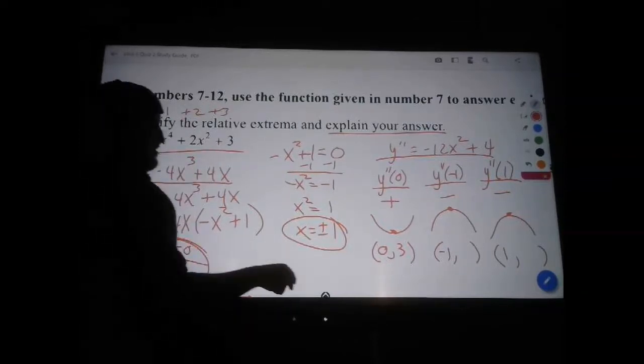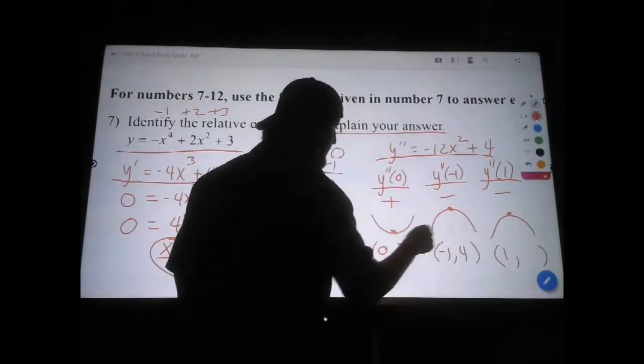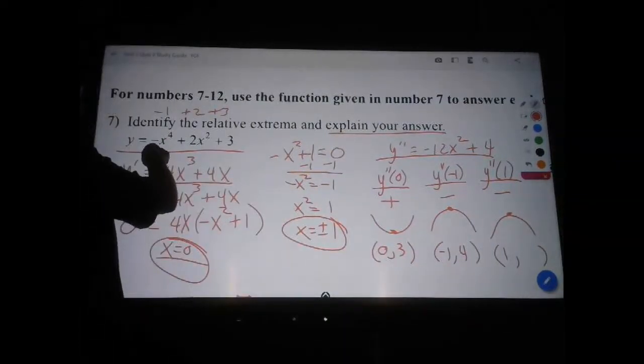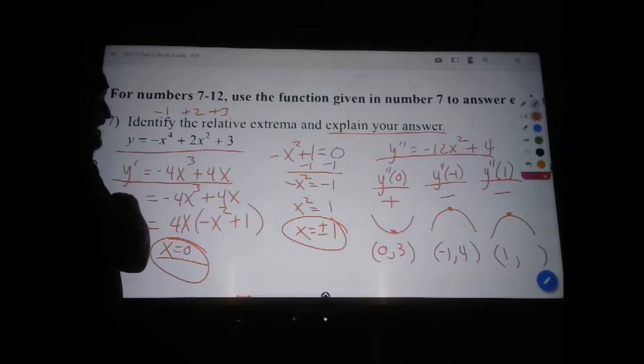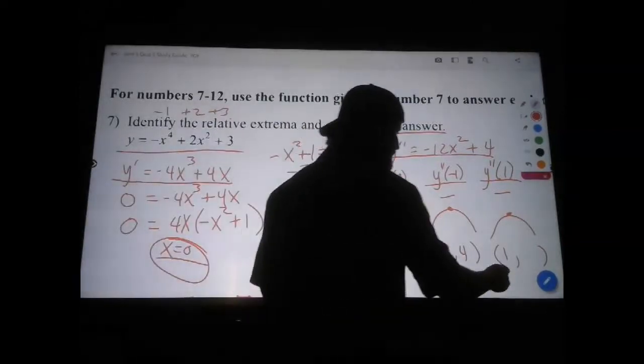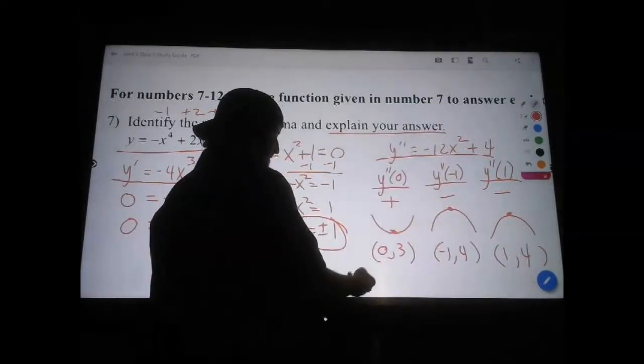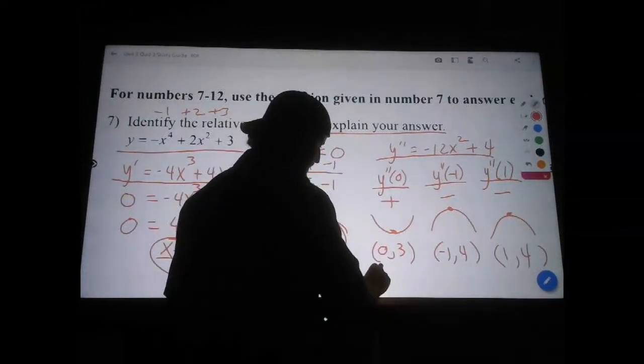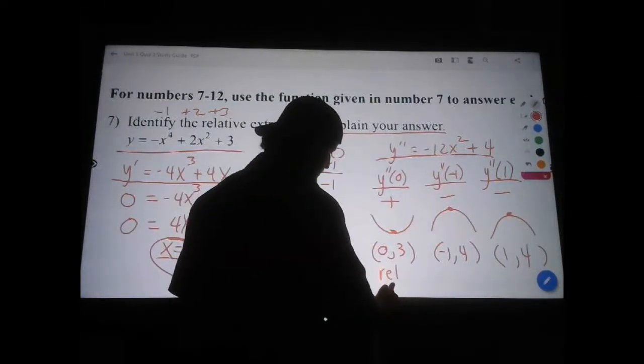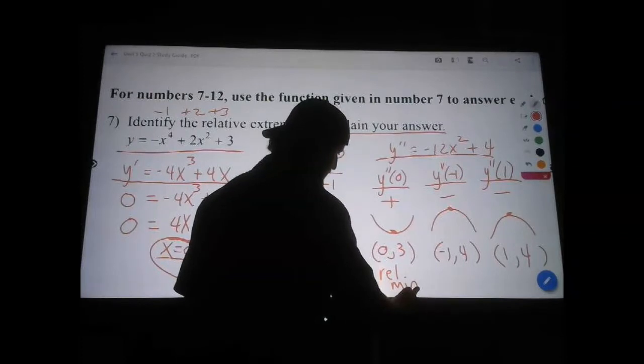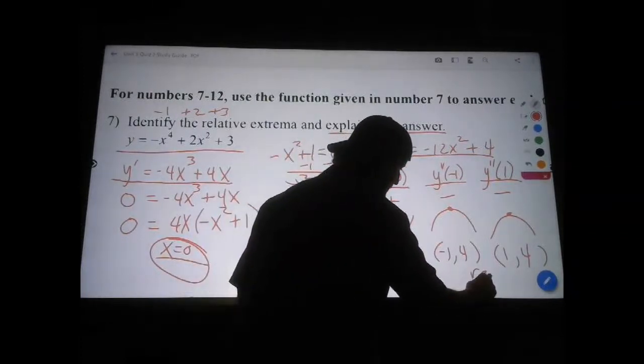I believe it's going to come out to be 4. And if I plug in 1, I think I'm going to get the same exact thing. So in this case, this is a relative minimum point, and both of these are relative maxes.